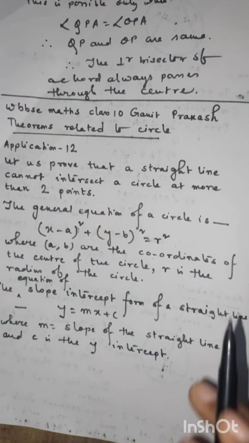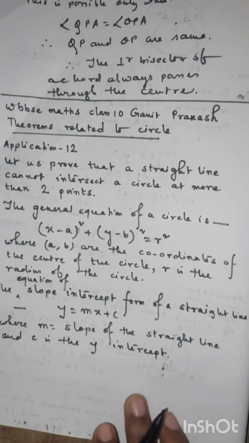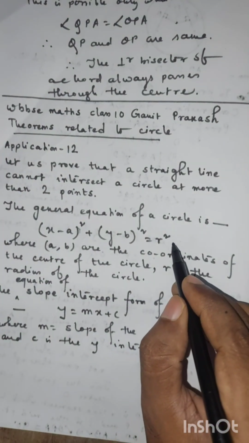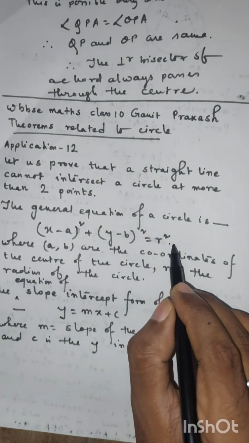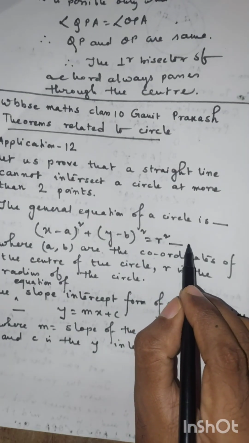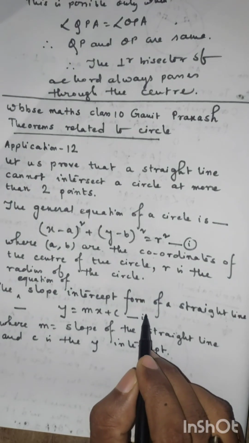Now, this is the equation of our circle and this is the equation of our straight line.